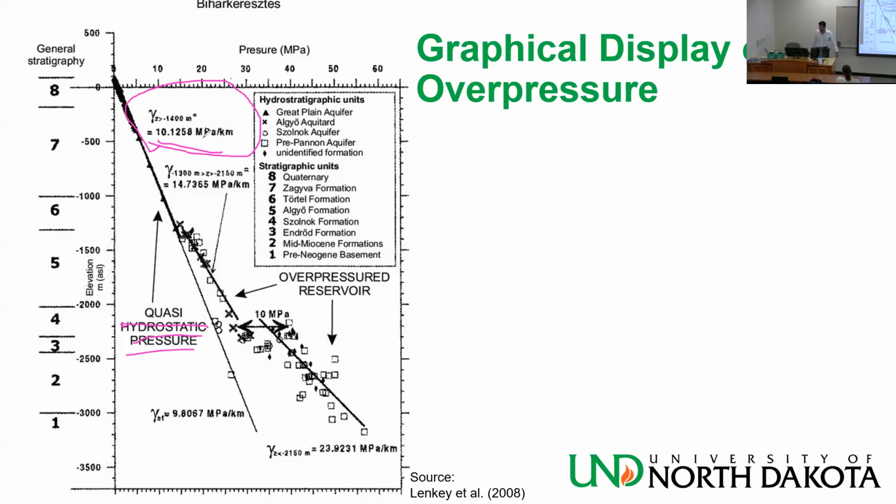And then here at the bottom, you have overpressure. You see a value that is less, 9.8, but then you see some values that are like 23.92. This is a very overpressure value. It's extremely high. It's higher than the lithostatic.